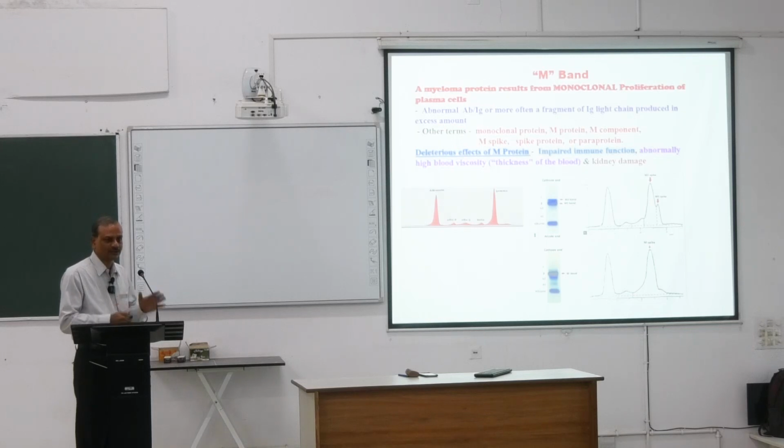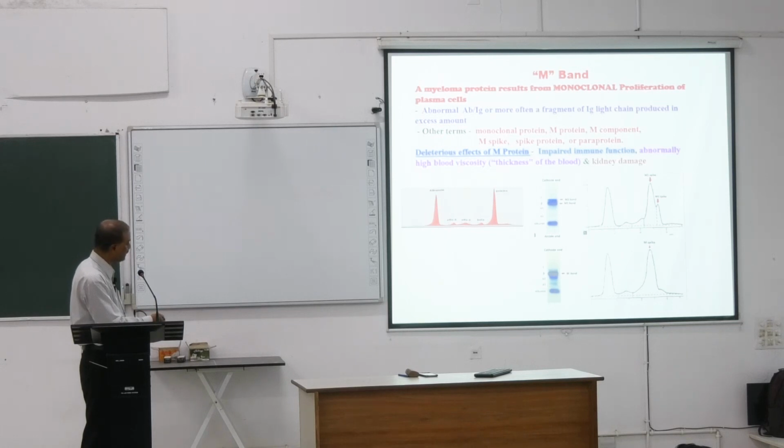Since this is produced in excess amount, that area is showing a very thick or dense staining. You can see that an excessive amount of this particular protein is produced. So the other terms are monoclonal protein, M protein. Just remember M protein.